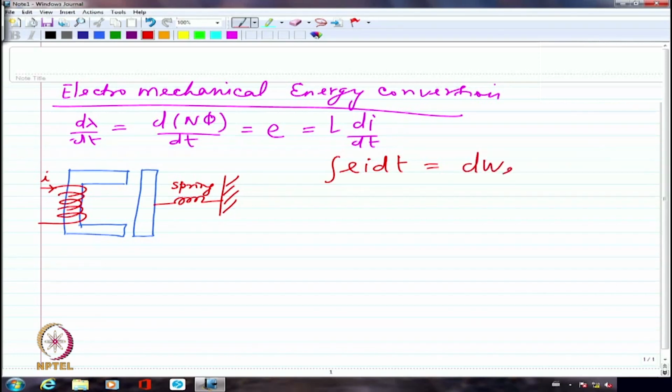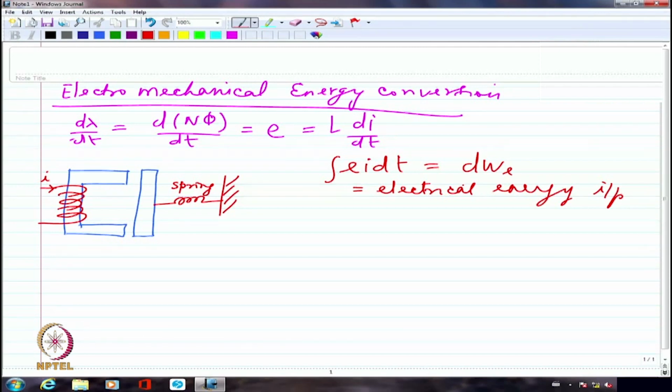So, this will essentially go towards increasing the magnetic field energy if there is no mechanical movement imparted.